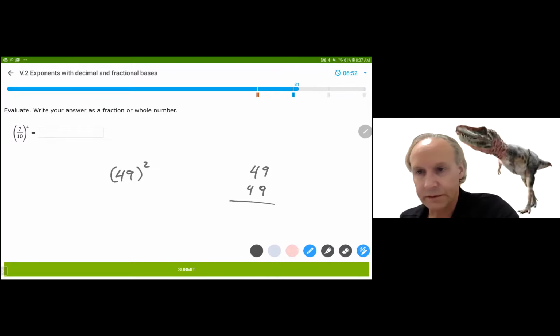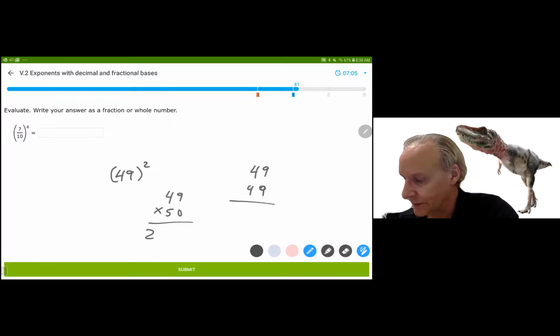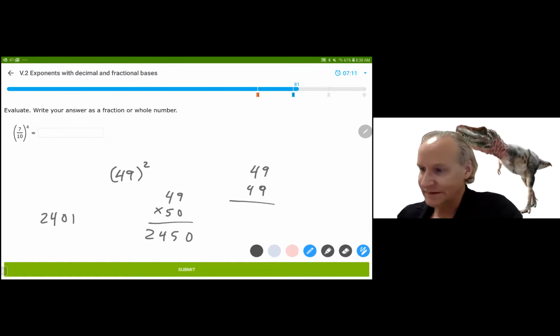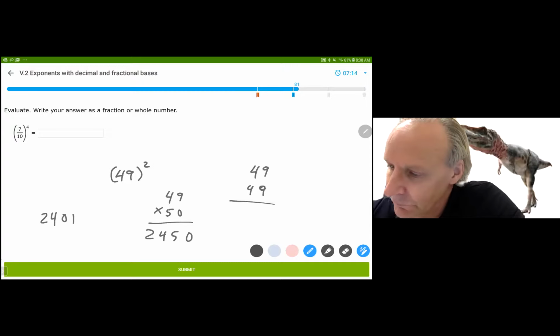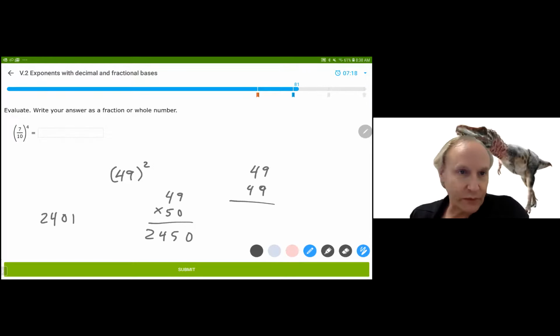I guess I could do 50 times 49 and then take away 49 from that. That would be one way to do it. So 49 times 50 is 2450. And then we take away 49. So I'm guessing 2401. Let's take a look. 49 times 49. Yep, 2401.